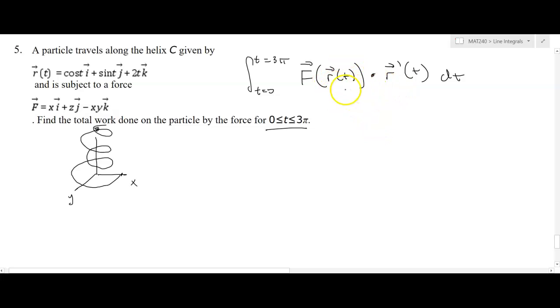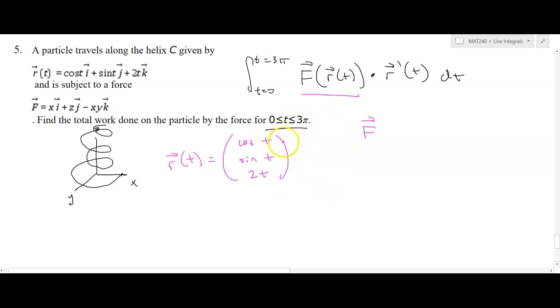Okay, so I need 2 things here. The first thing is to calculate this, and to get that, let's start with our position. We're going to need to know what our position is. Our position vector, r of t, is the vector cosine t, sine t, and 2t.